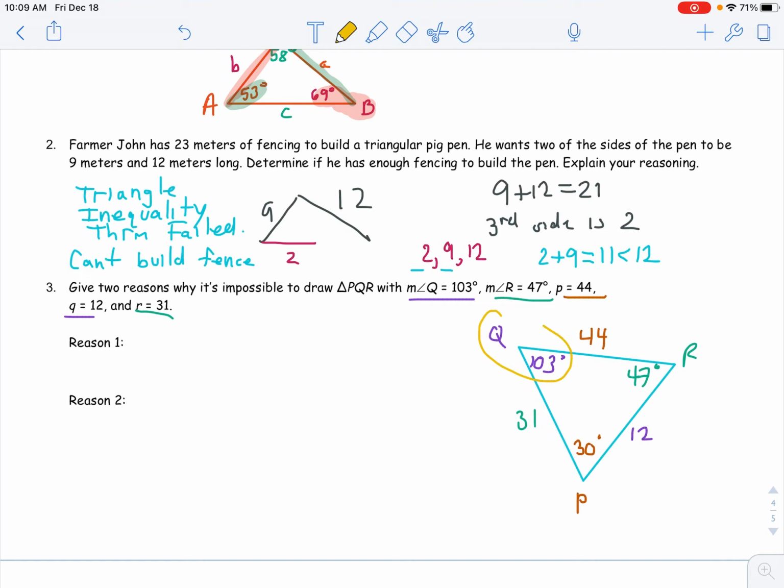Notice how the largest angle is not opposite the largest side. Remember, that has to be true. The largest angle is always opposite the largest side. Similarly, the smallest angle is not opposite the smallest side. So that just kind of crumbles.